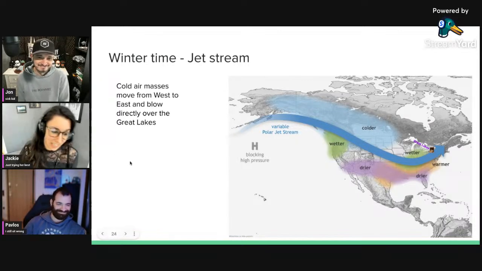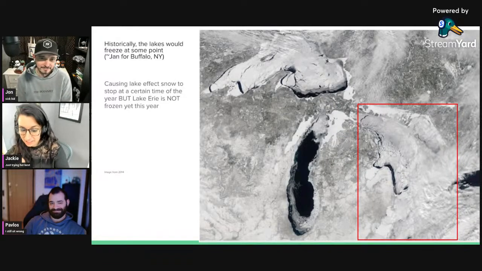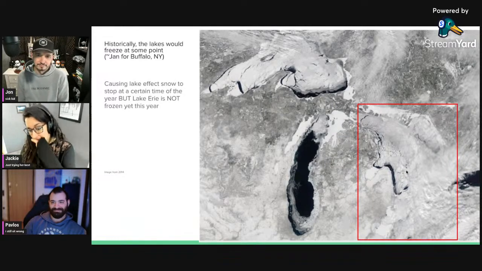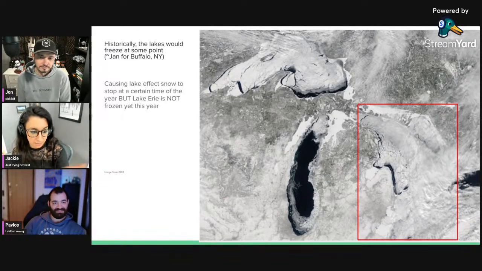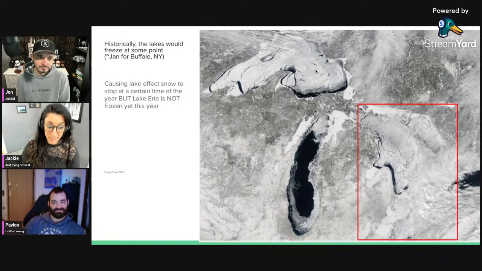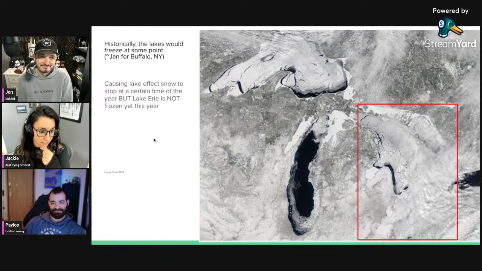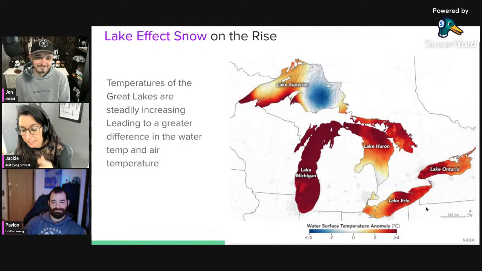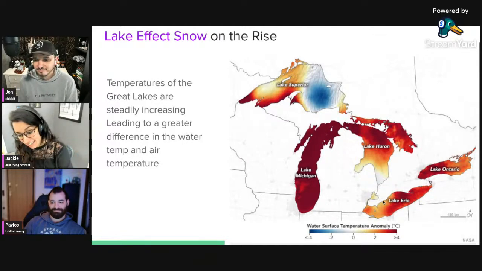Oh no. You'll get some ice coverage, to your question, Pavlos, but I think Lake Erie is over here somewhere, fully iced. Okay. That offers some protection, but it's been tricky. There is an increase in lake temperature, that difference between the air and the water.